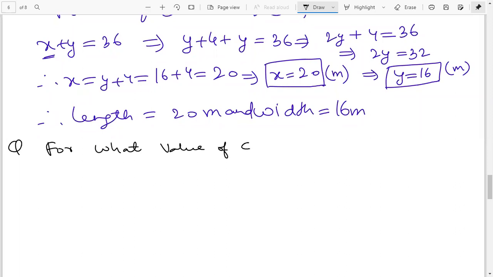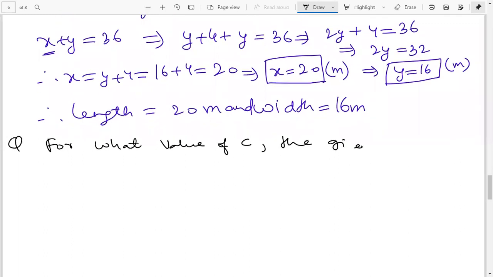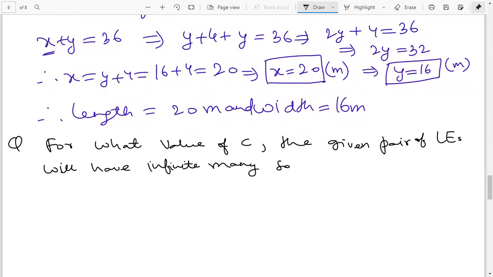For what value of C will the given pair of linear equations have infinitely many solutions?